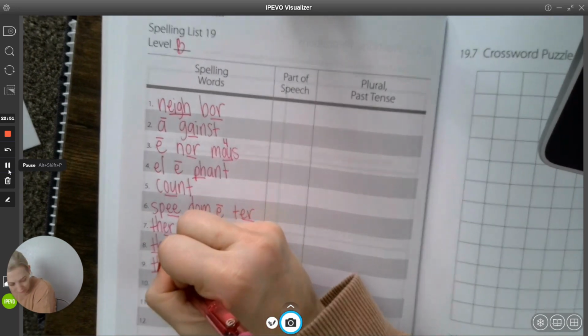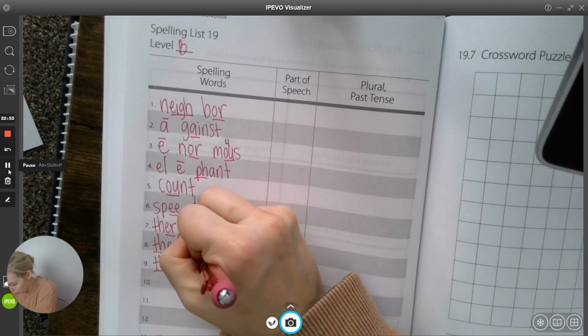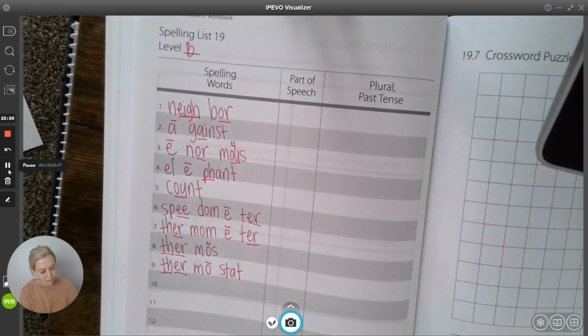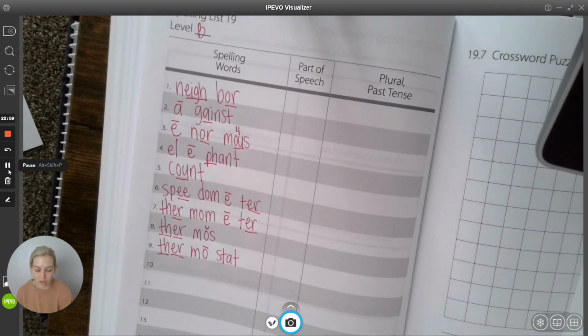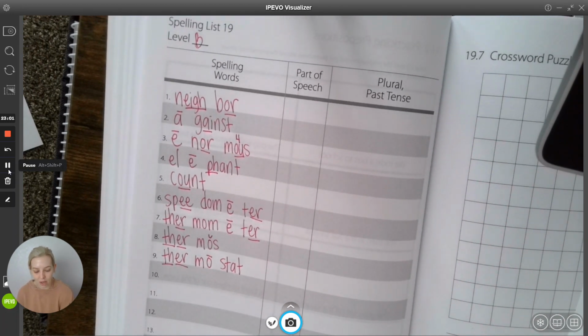Underline our phonograms. And then O says its long sound there. Number 10, shore. We took a long walk along the shore. One syllable, so let's sound it out. Sh, or, finger spell.